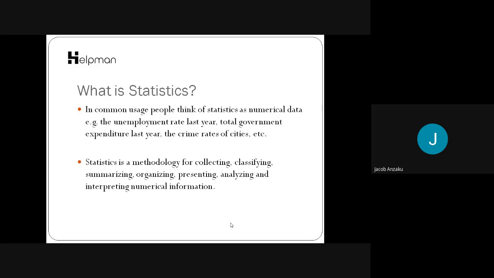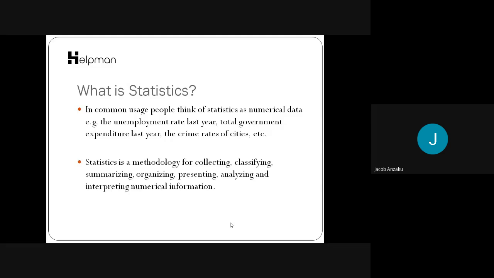Now, we'll be looking at statistics deeper than just numerical data. So, what is statistics? Our definition here says statistics is a methodology for collecting, classifying, summarizing, organizing, presenting, analyzing, and interpreting numerical information.